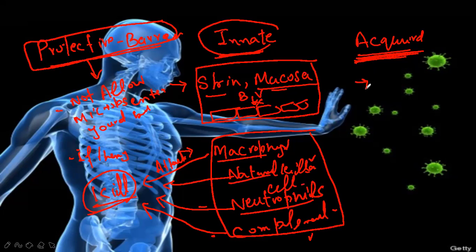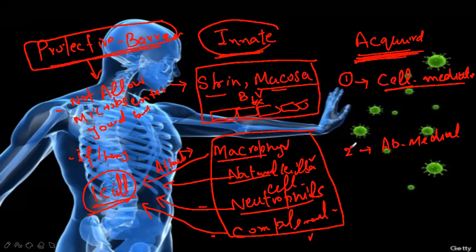There are two types of acquired immunity. Number one, cell mediated, where cells play a role.